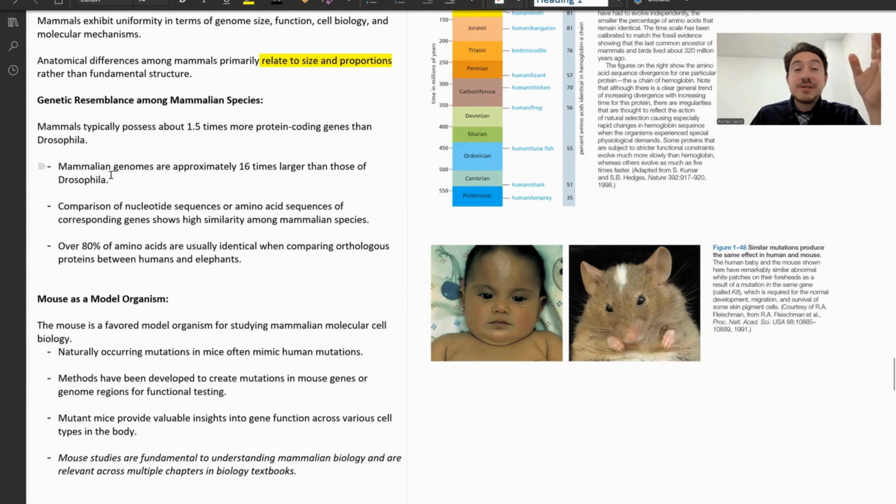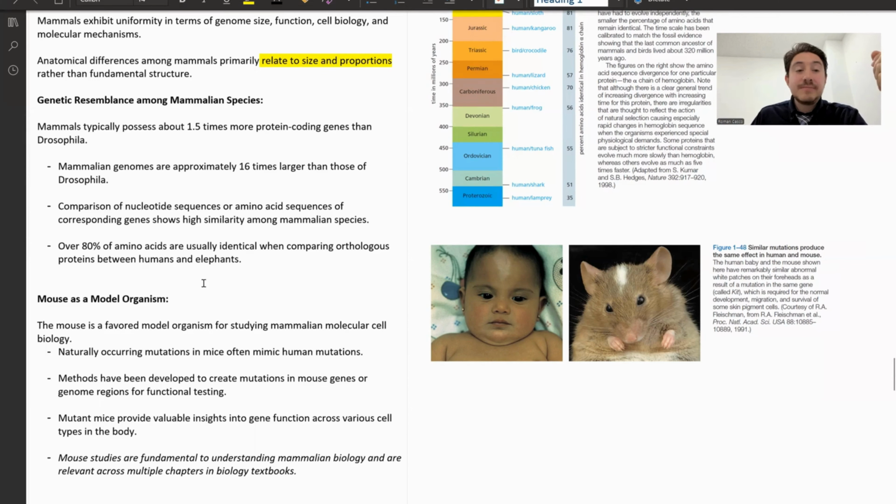Mammalian genomes are 16 times larger than those of Drosophila. In comparison of nucleotide sequences or amino acid sequences, corresponding genes show high similarity among mammalian species. So you do have some good conservation there.